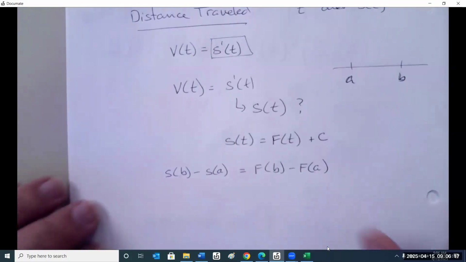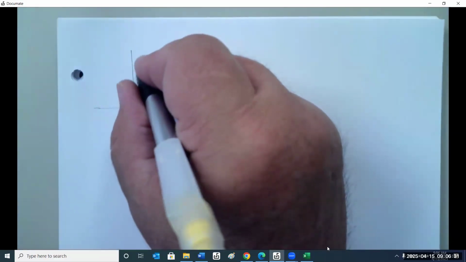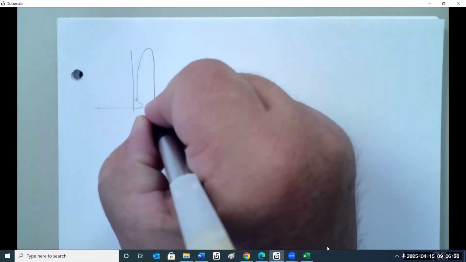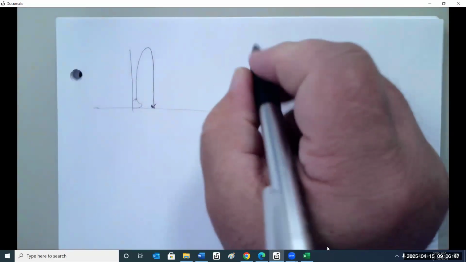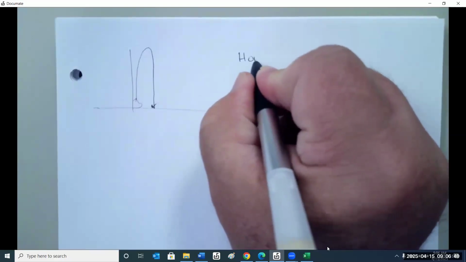Remember the example we had of the rock exploding and going straight up? Let's look at how far that rock traveled. In one of these chapters, we had a rock that an explosion sent up, and it came back down. So I want to know, how far did that rock travel?